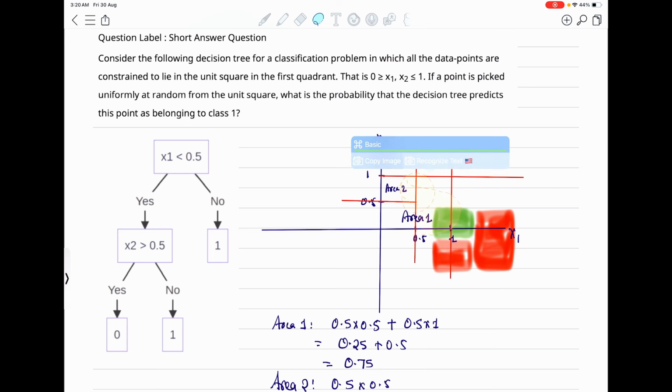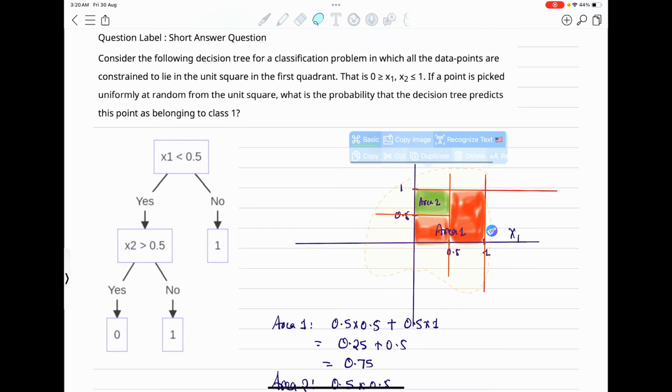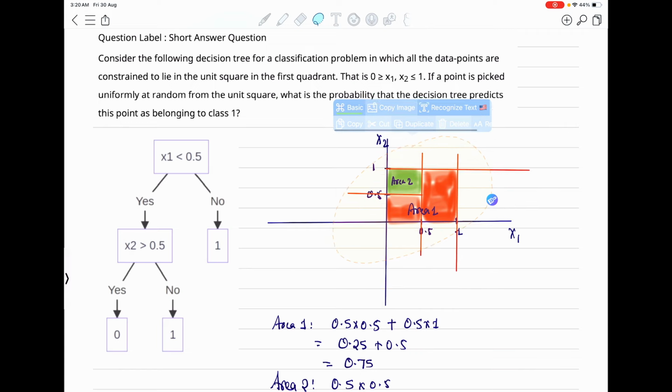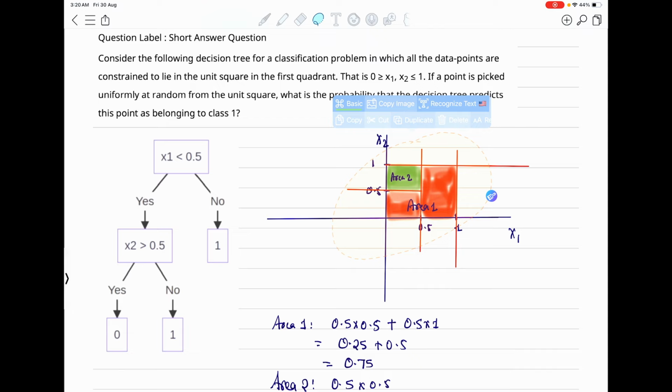Oops. Okay, no problem. Yes, now it works. What is happening? Okay, let's look like this.